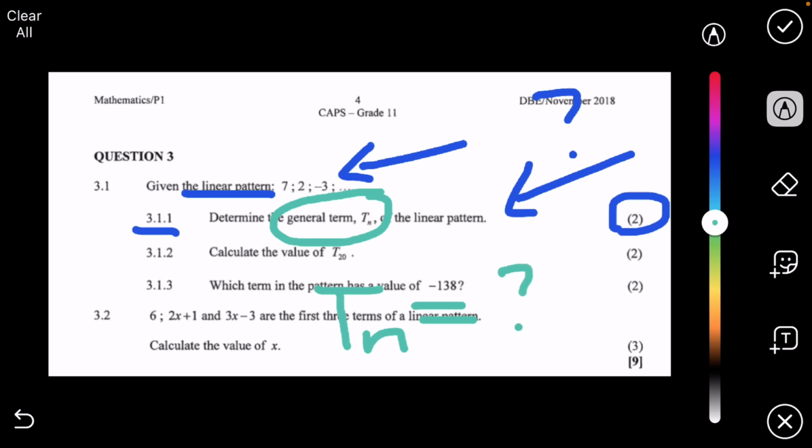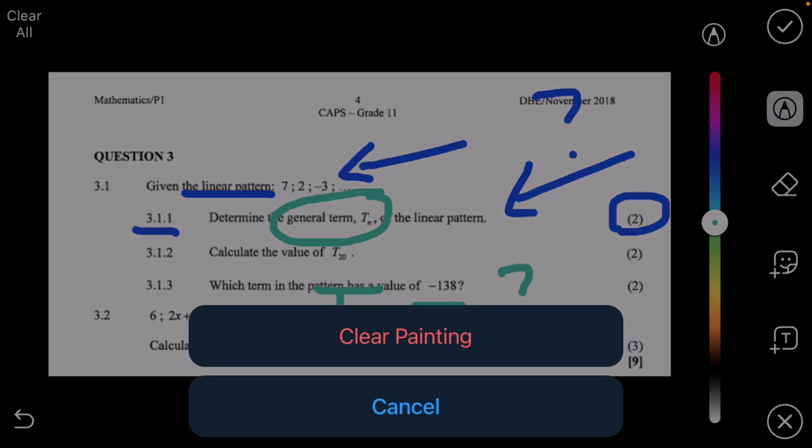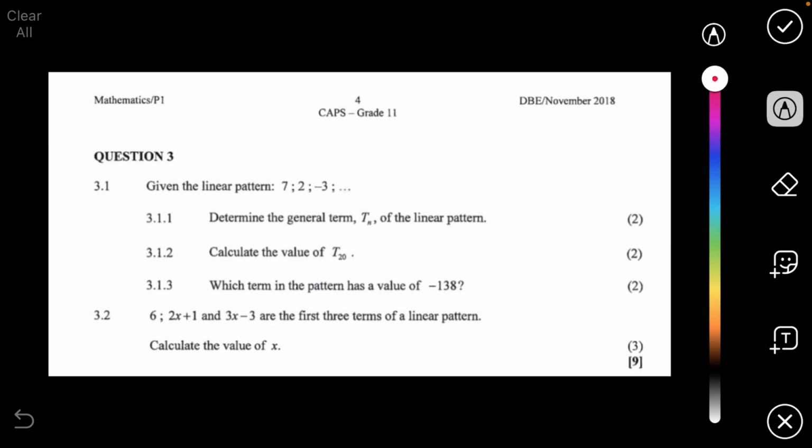Do not give us a number as the final answer. Do not give us the difference of that given linear pattern as an answer to the question, because that's not what the cream of the question wants you to do. I assume you fully understand that part. Providing the correct answer will help you to score 2 marks.